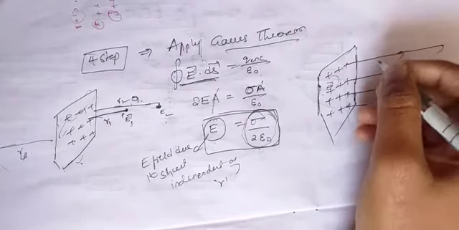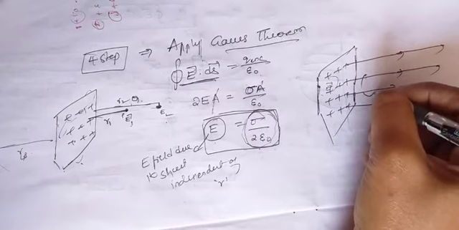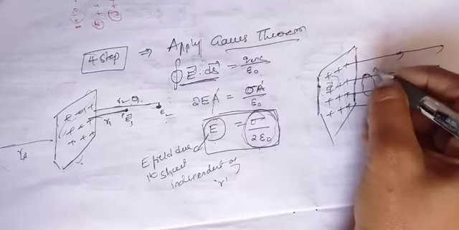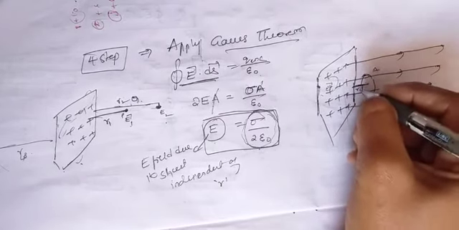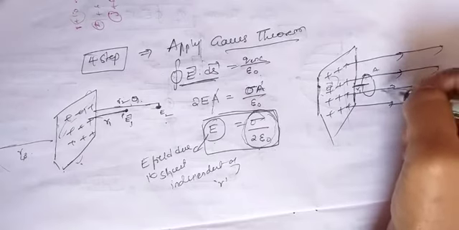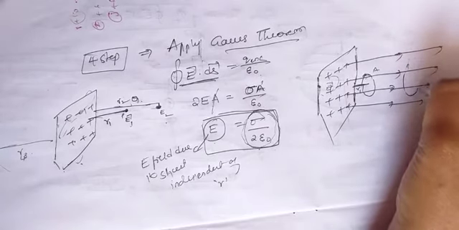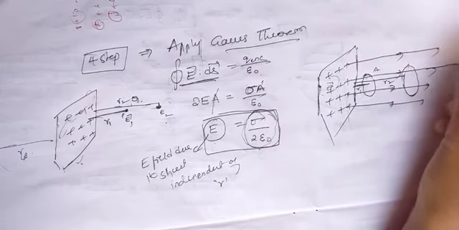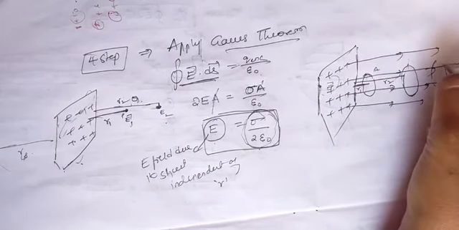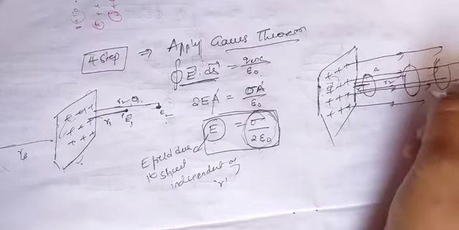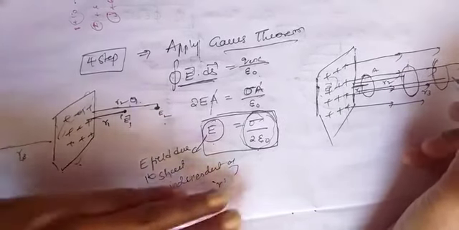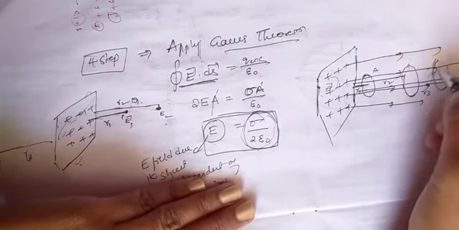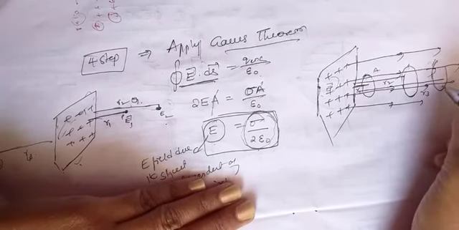Now here I place some area. This is my area A, which is at distance r1. Now I place this area here, at distance r2. Now I place this area at r3 distance. There is no change in the field lines passing through these areas.